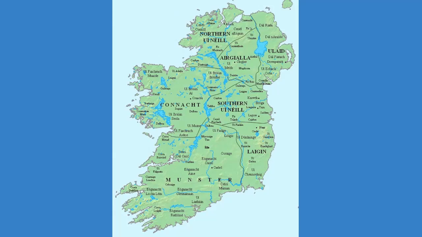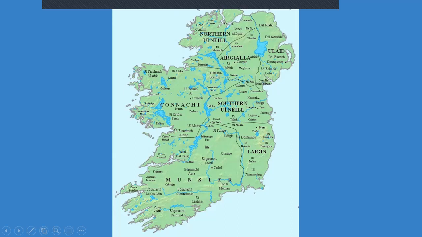Now the Ineal had conquered the northern part of Leinster or the Leyen, that's the southern Ineal, and the northern Ineal had conquered the province of Ulster or the Uli.